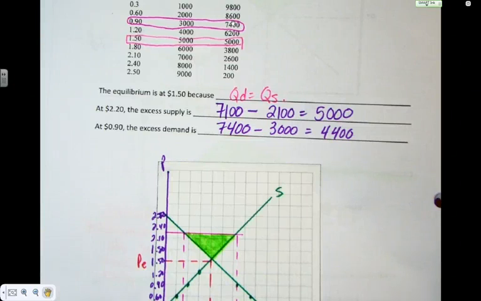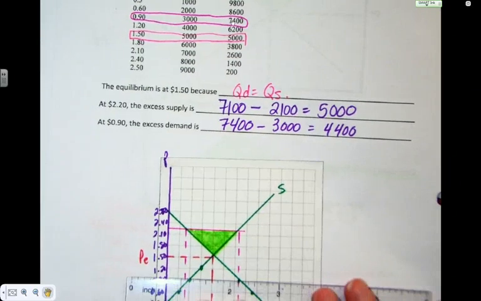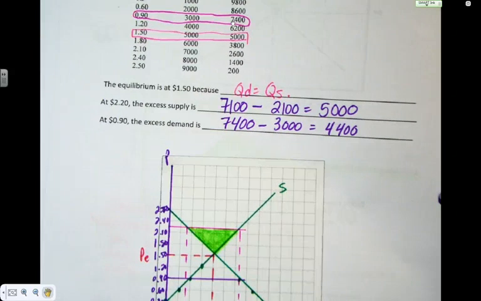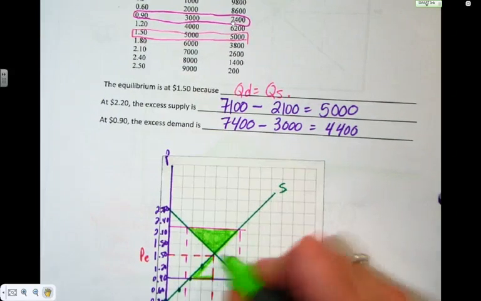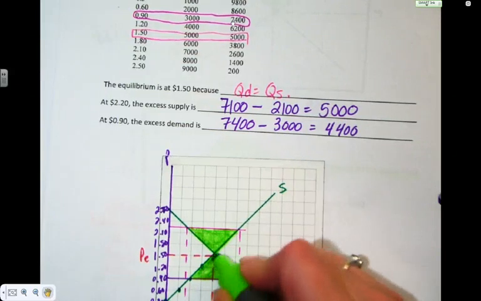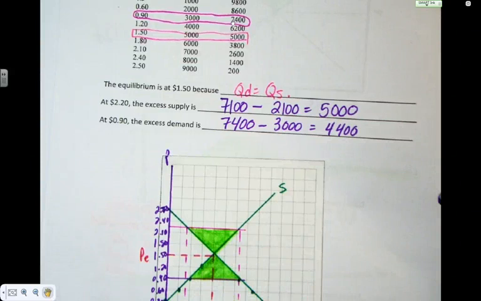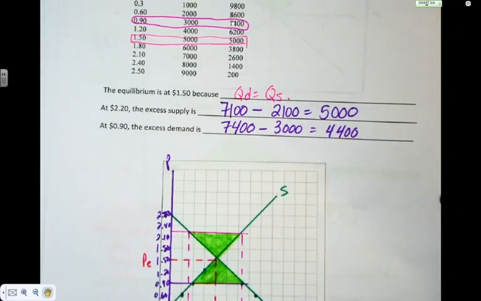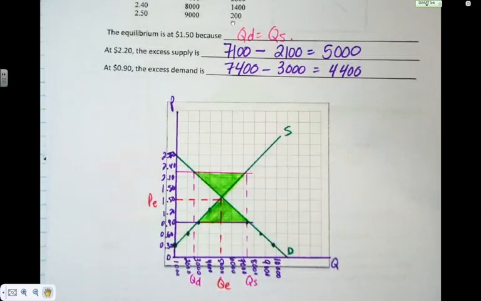Okay, let's just draw it on the graph so we can shade in the triangle. Yes, that's right, we use subtraction. It's a very hard math concept today.